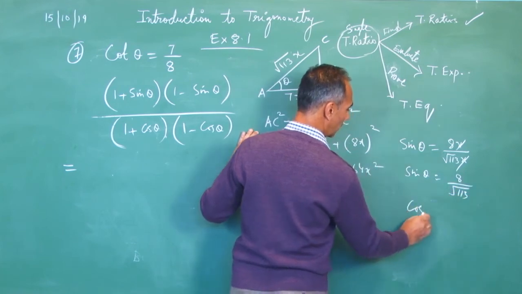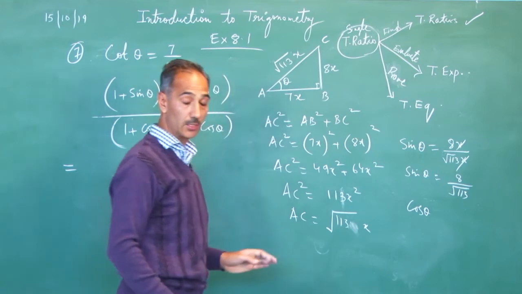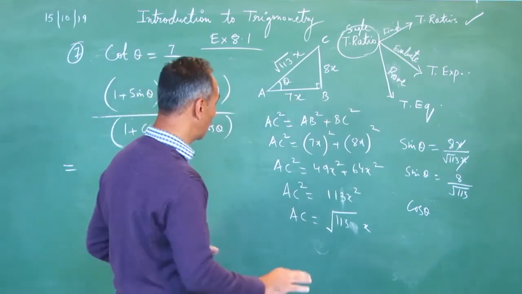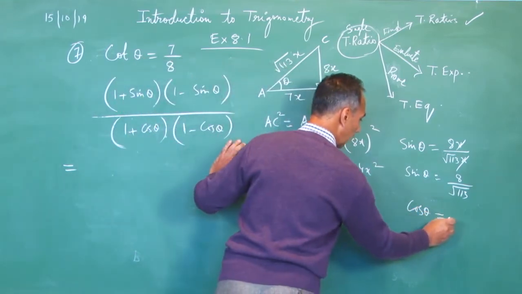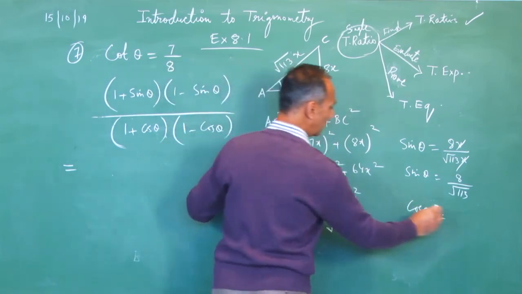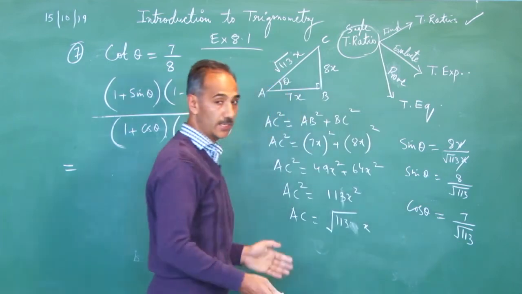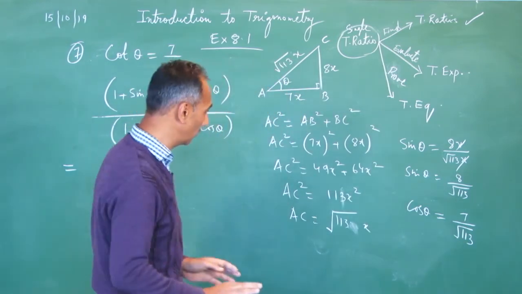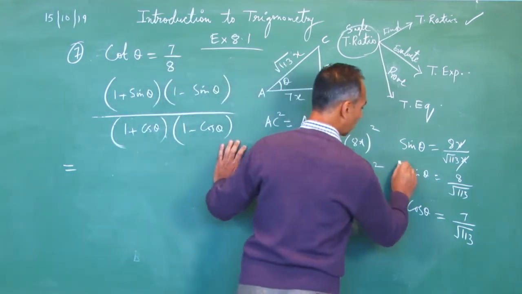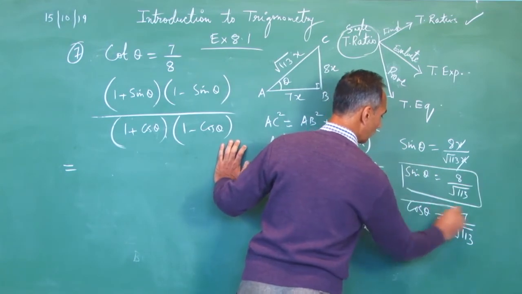And cos of theta is base by hypotenuse, so cos is 7 by square root of 113. X has been cancelled in the numerator and denominator. So sine of theta is with me, and the same is with cos of theta.